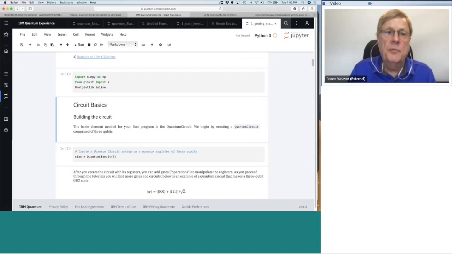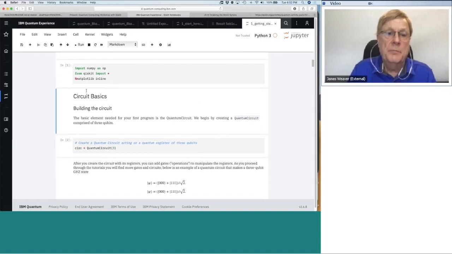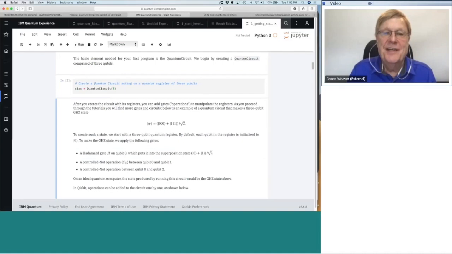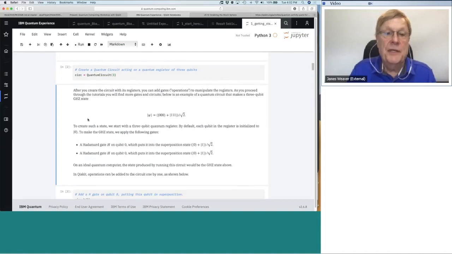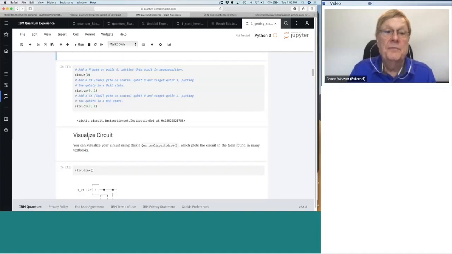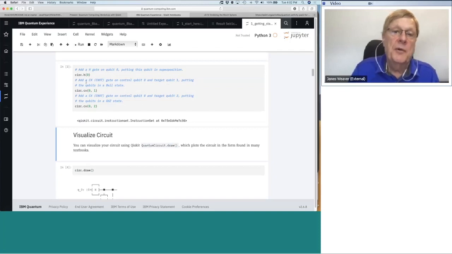Well, we've got some imports, where we're importing some Python code. We can go down here. We can create a quantum circuit with 3 qubits, 3 wires, and then it's explaining what we're going to create. And then here we're going to run this cell, which is in Qiskit using Python. That's how we put gates on wires. So here we're putting a Hadamard gate on the circuit.